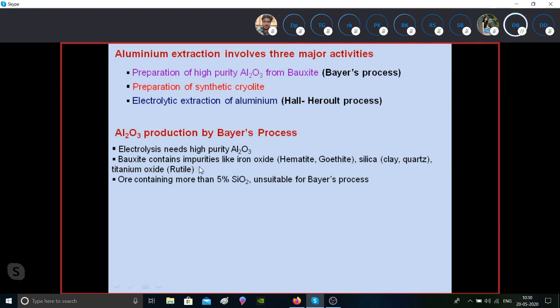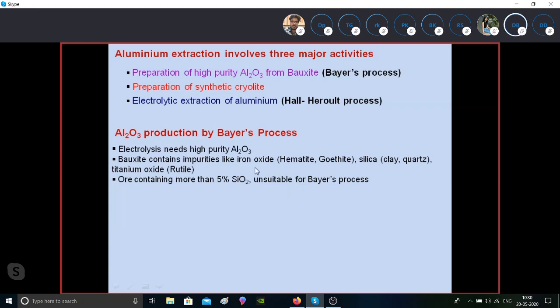The first category is high in titanium and low in silica, and the second is low in titanium and high in silica. Ore containing beyond 5% silica is not suitable for production of high purity Al2O3.